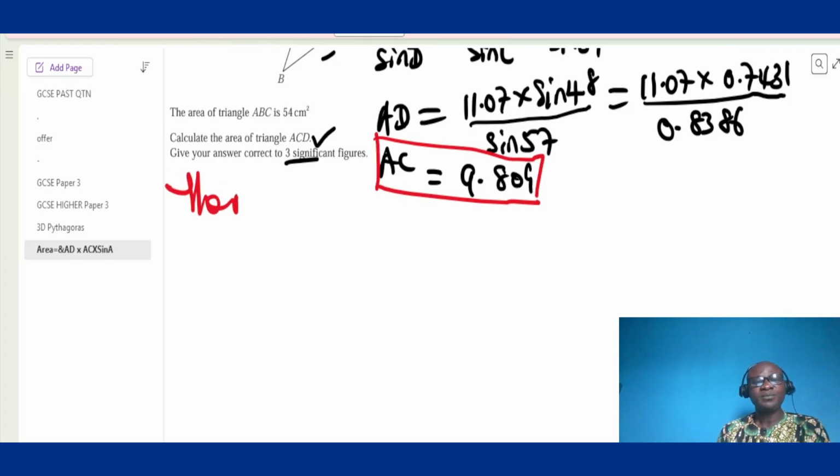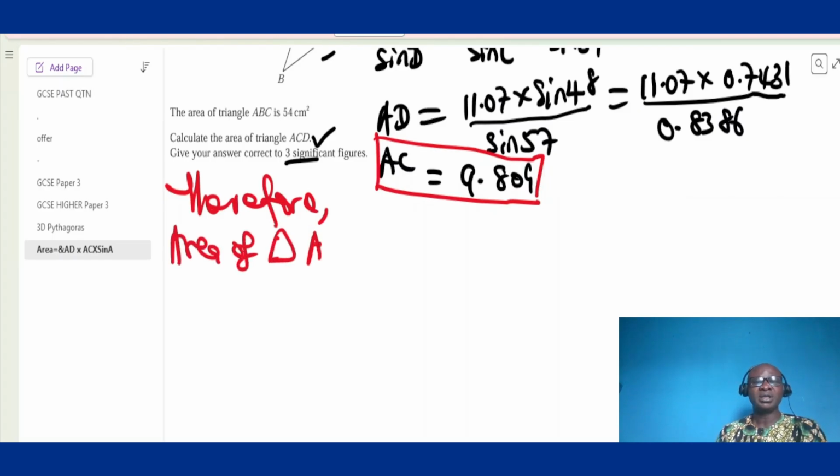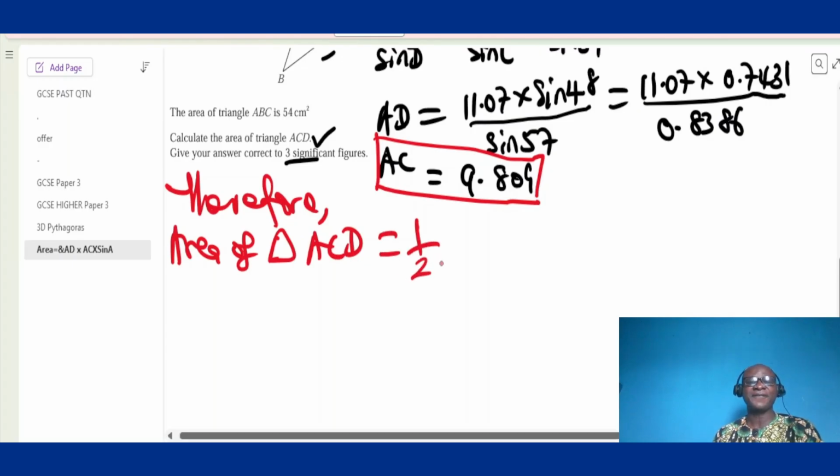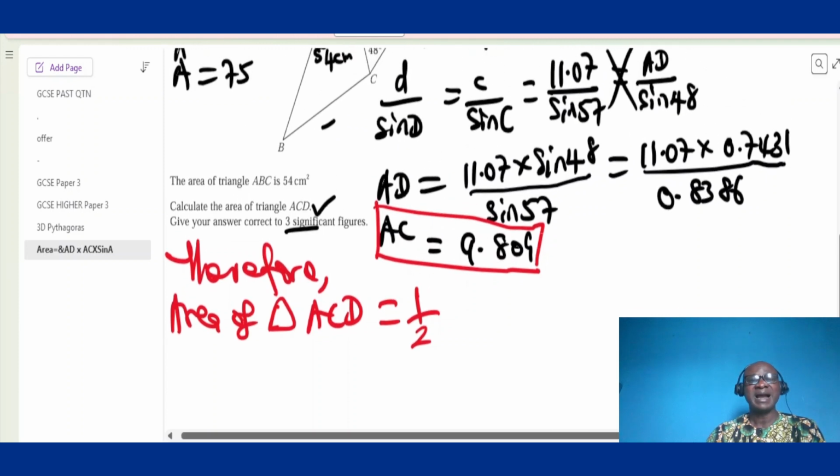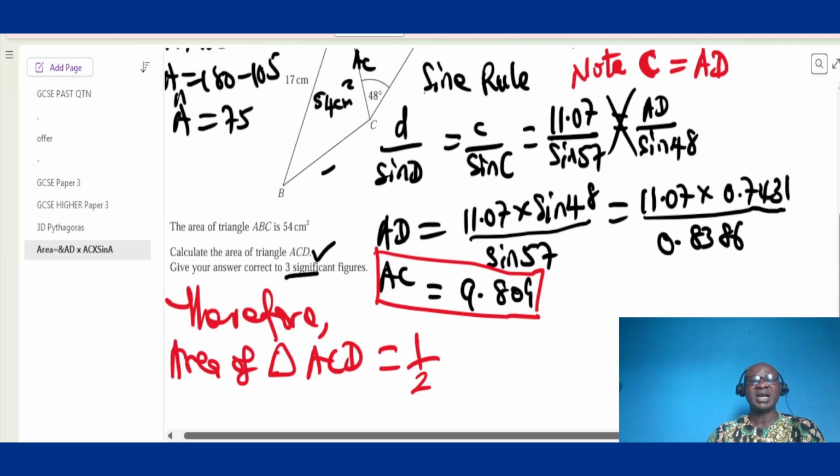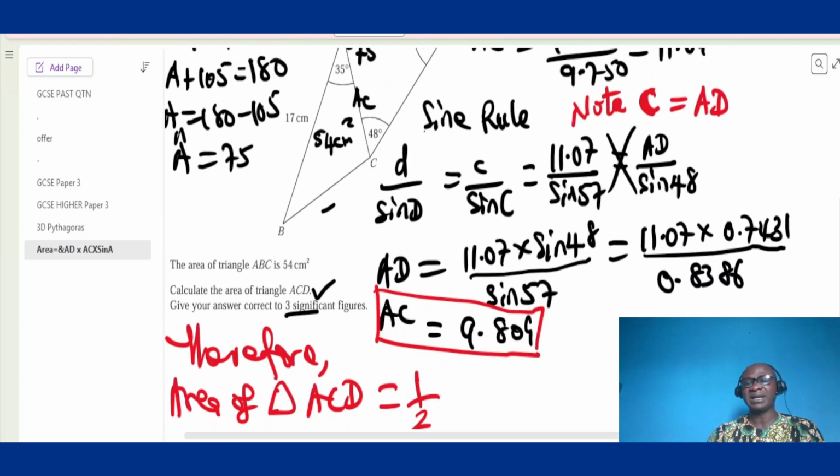Therefore, we now come to properly what they want us to find. The area of triangle ACD will now be given by the formula half. Let's go back to the diagram that we are given. Half, you now look at it and see what I want to pick exactly.